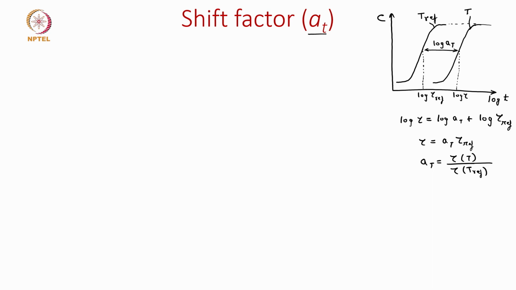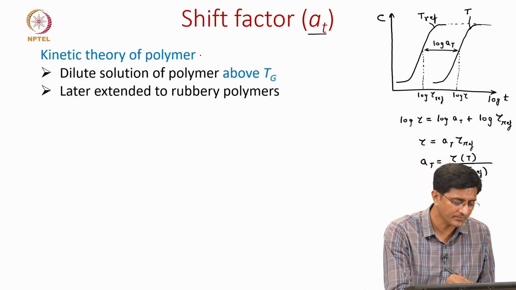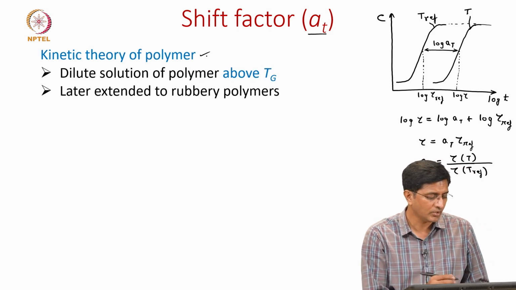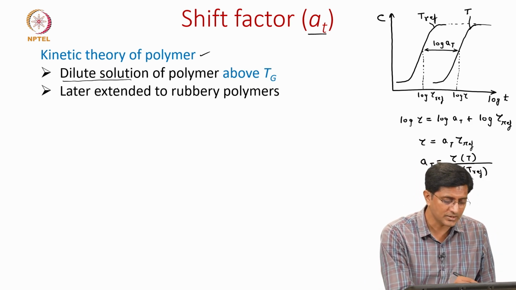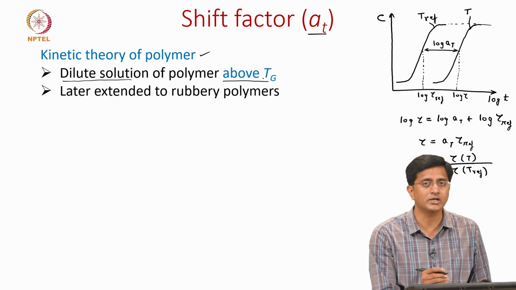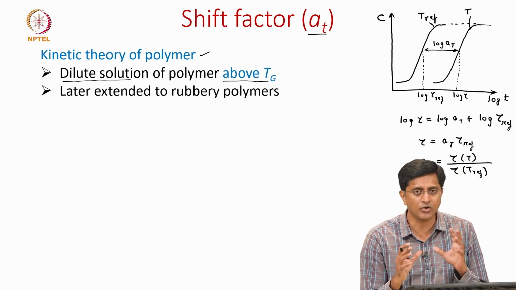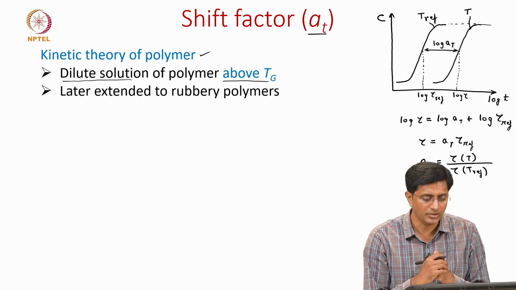Now, let us see the theory which allows the time temperature superposition principle. It is based on the kinetic theory of polymers, which was initially developed for dilute solutions, but this was developed again only for temperatures above Tg, meaning that the time temperature superposition whatever we have seen is theoretically only applicable for temperatures above Tg.